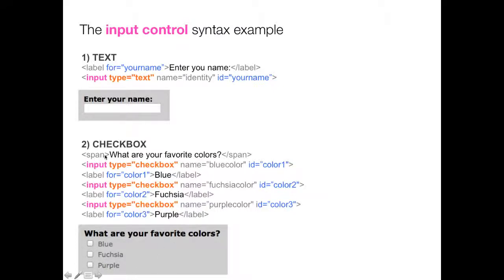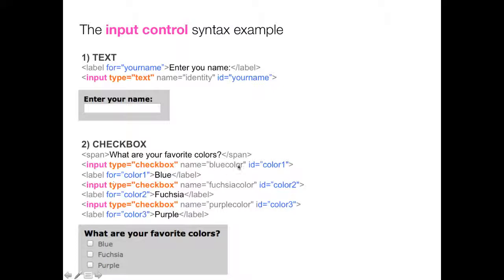So we use the span element in order to get this phrase, and then we used the type checkbox control in order to get the checkboxes. So the browser gave us these boxes. If we want the word blue or the word fuchsia or the word purple before the checkbox, all we need to do is just switch the order here and put label before input type checkbox.